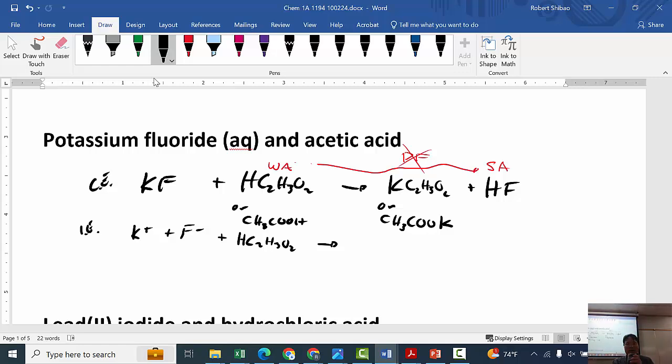Potassium acetate, do we ionize that? Yes. Hydrofluoric acid, do we ionize that? No. So some people ended up ionizing the whole thing, and then all the ions canceled out, and they got no reaction because everything canceled out. That's not the case. It's incorrect.